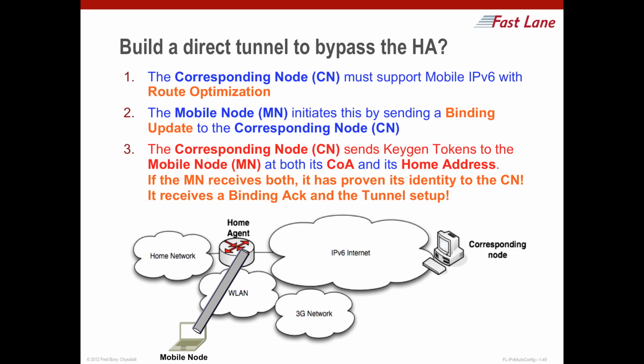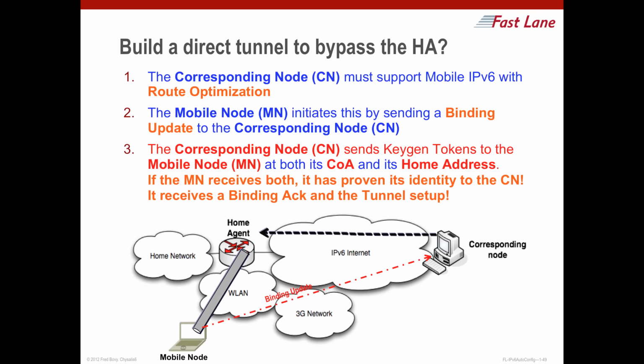So in this case, the mobile node is going to send a binding update to the corresponding node. The corresponding node will have to verify that the mobile node is really the node which it is pretending to be, because for security reasons, you understand that we must be very careful, as the traffic may be transiting many networks on the internet.